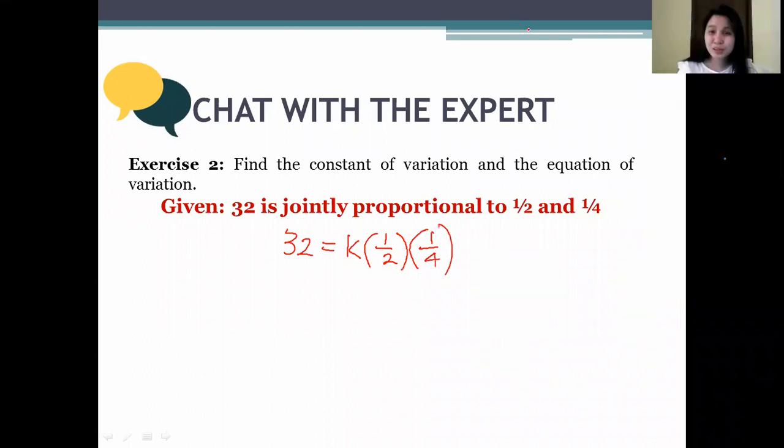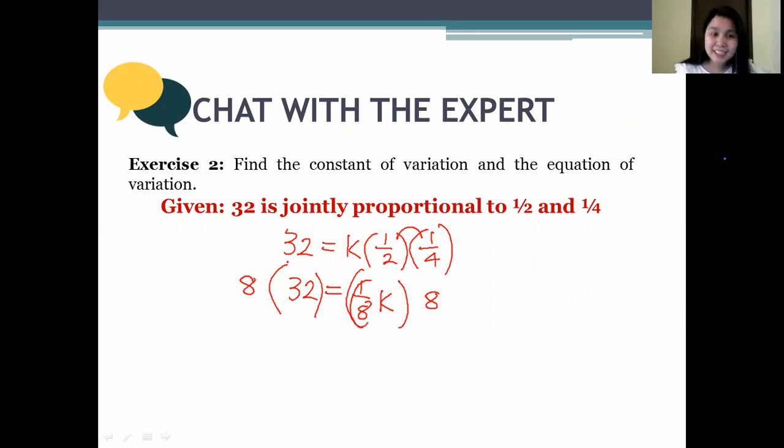Then we solve for our K. We have 32 equals, 1/2 times 1/4 is 1/8, K. How will we eliminate 1/8? We multiply both sides by 8, the reciprocal of 1/8.